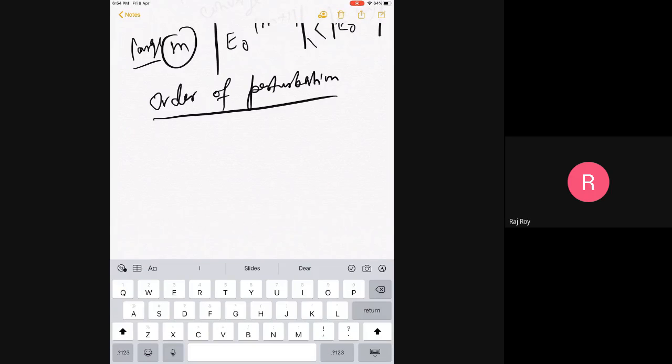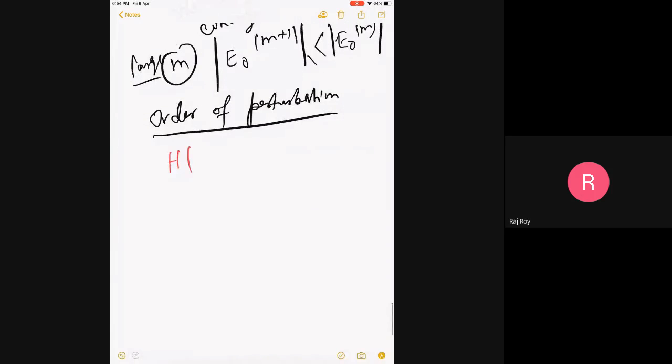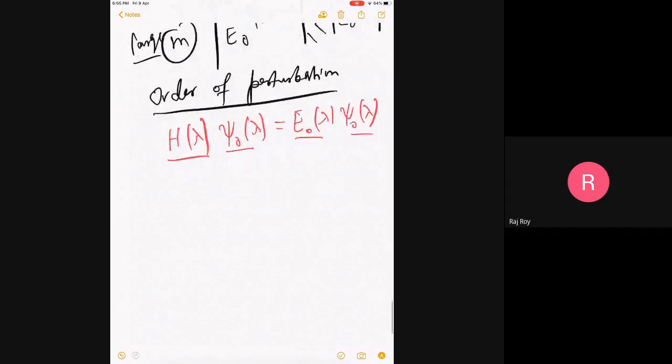So let me go to the Schrodinger equation, again for the ground state. I will write only for the ground state now. Then what I'm going to do is plug in the power series expansion wherever I require.